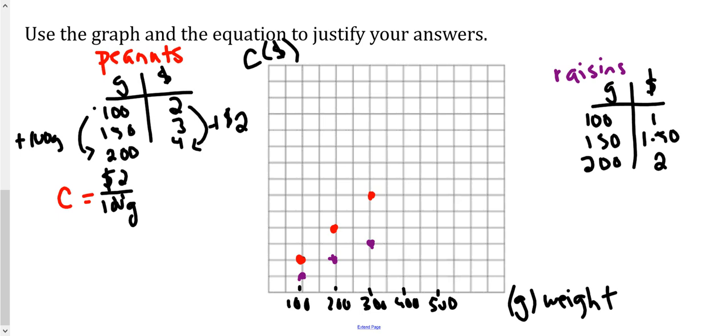So our slope here is $2 over 100 grams, or it's 2 over 100.